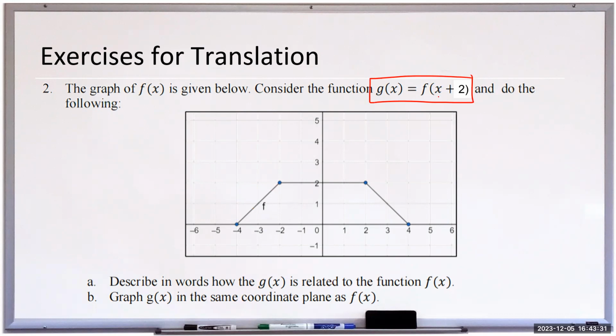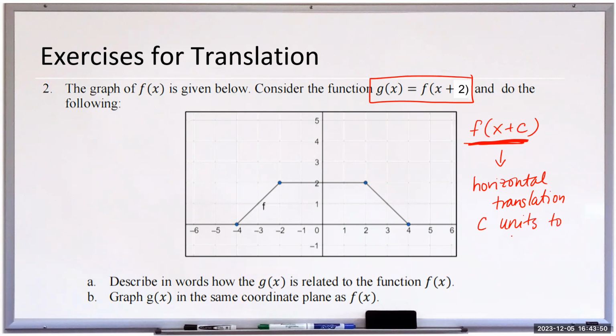So we have f of x plus 2, which is f of x plus c. Again, if we have this format, this is a horizontal translation. And since this is plus, this is c units to the left. Okay? Since c equals 2, we move 2 units to the left.